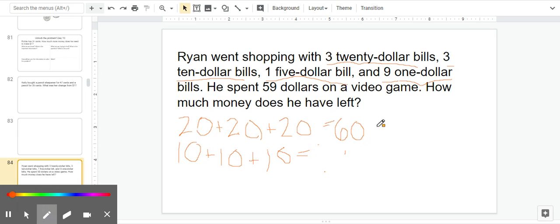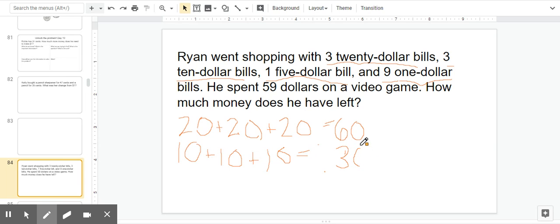Okay, 30. And then we know he had one $5 bill and 9 $1 bills. We know 9 $1 bills is the same as 9. Now we can add all of these numbers together to see how much he had.